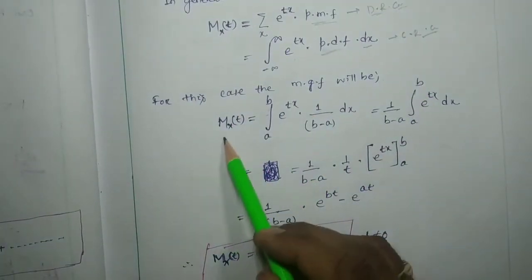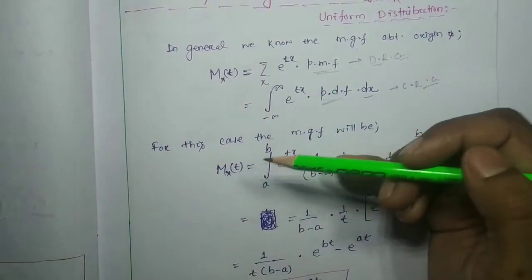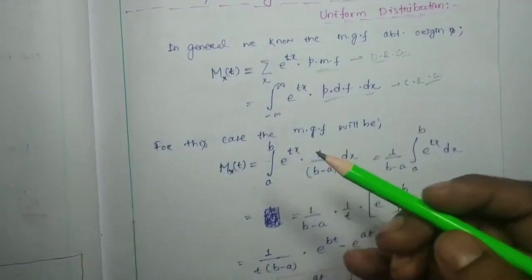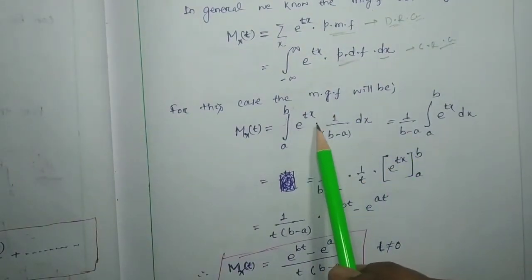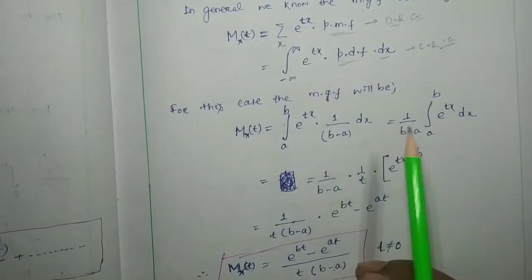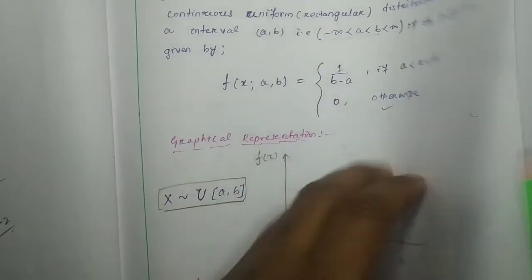For this case the mgf will be, M_X(t) equal to the integral from minus infinity to infinity, but here we have the pdf only between a to b, so we consider only the range a to b, e to the power tx into the pdf, which is 1 by (b minus a), into dx.